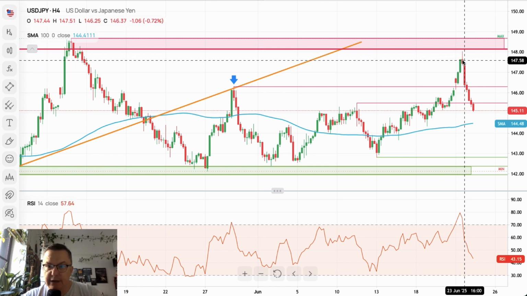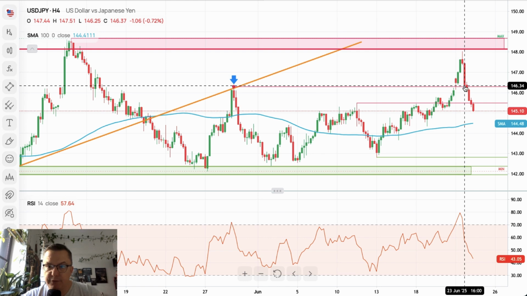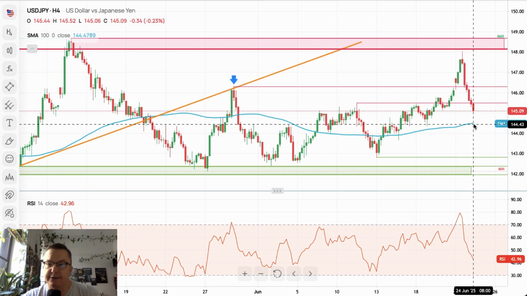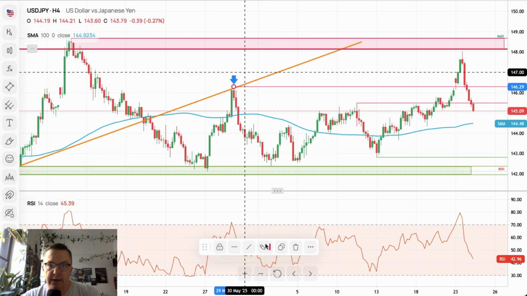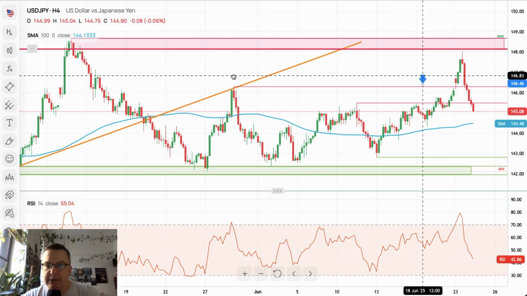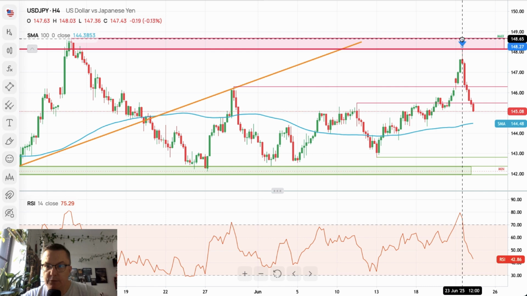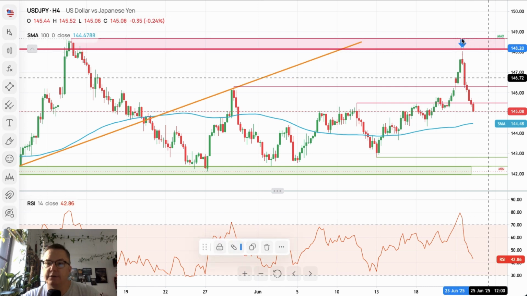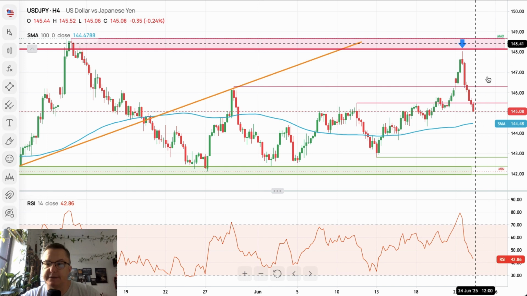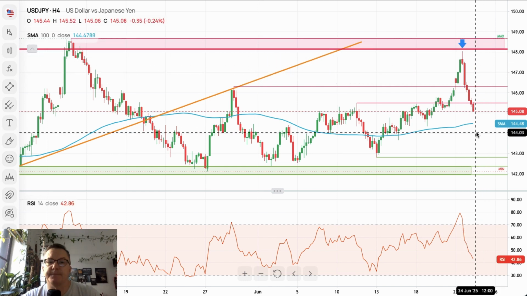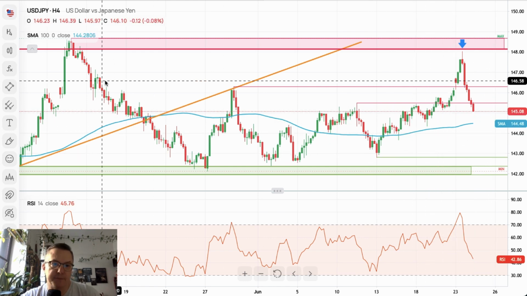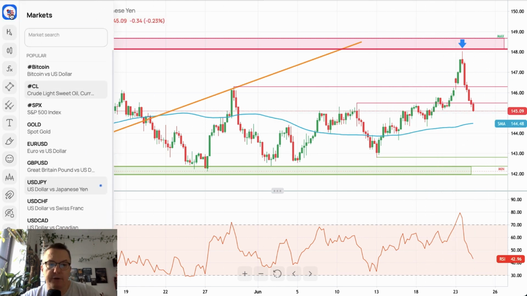Yeah, we got the shooting star, confirmation, extension to the downside, and we're heading towards the 100 periods moving average. This level here is not that crucial anymore, so now we are moving our arrow basically inside the supply zone. So yet again, US dollar versus the Japanese yen, massive sell-off from the top, and we are back inside of this old range here.